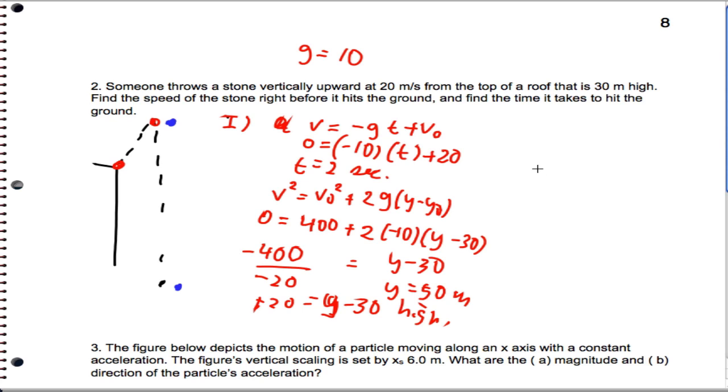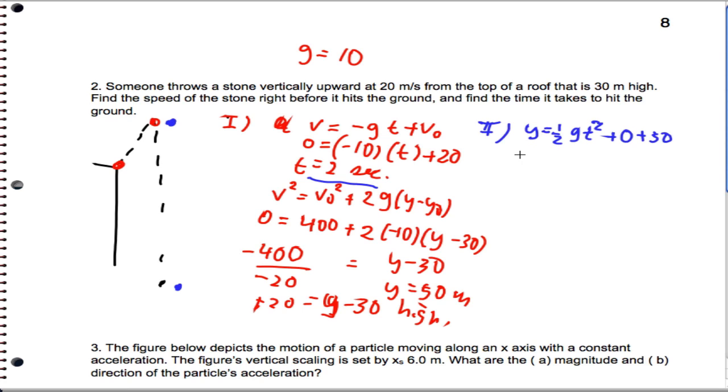Awesome. Now, so far we've got 2 seconds to go up. Now let's get the time to fall back down to the ground from 50 meters high. So we have y equals 1/2 gt squared plus 0 plus 50.